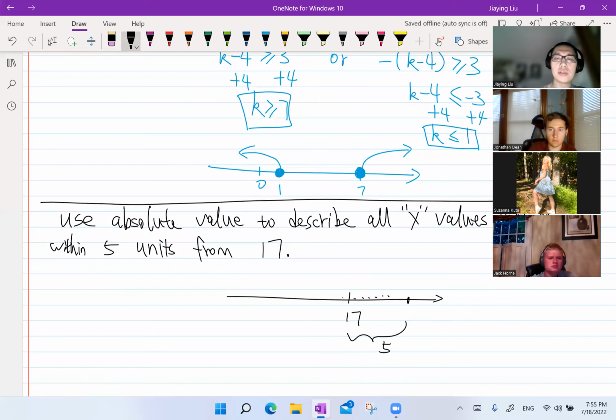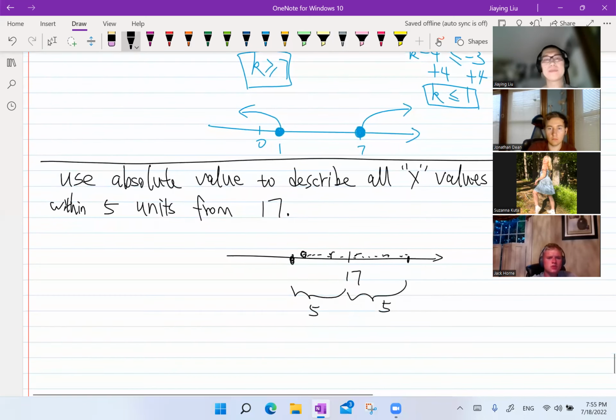And then we could also go left, but at most, we could go 5 units from 17 on the left. So how do we use the absolute value expression to describe all those points? It could be infinitely many points, right?